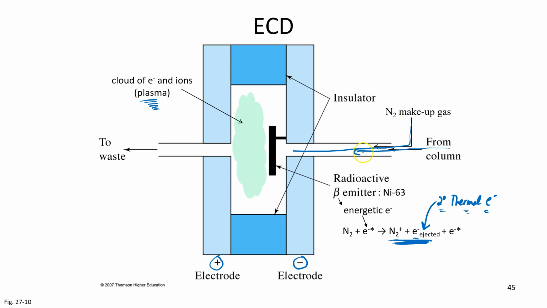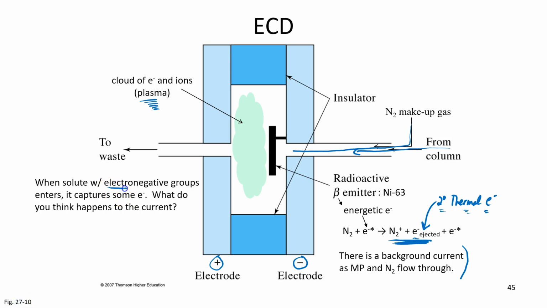So this is what is happening when mobile phase is flowing through the detector. You've got this background plasma that's conducting the current across these two electrodes. Yes, that's what we see here. But then our solute enters and something is going to change. And remember that our solute has these electronegative functional groups that are going to capture some of these electrons.